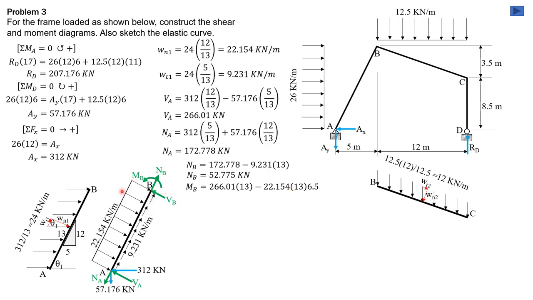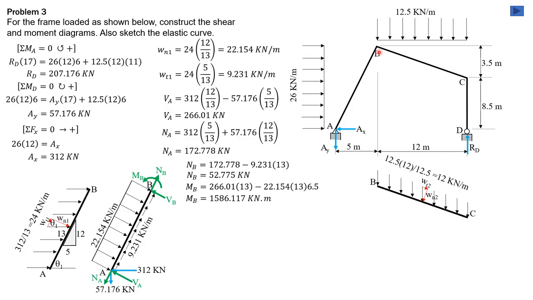Or in short, MB counterclockwise plus 22.154 times 13 times 6.5, which is originally plus on the left side, equals V sub A clockwise moment, V sub A times 13. Or MB is V sub A times 13 minus 22.154 times 13 times 6.5. So MB is equal to 1586.117 kilonewton meter.